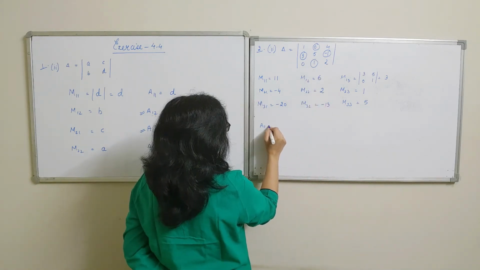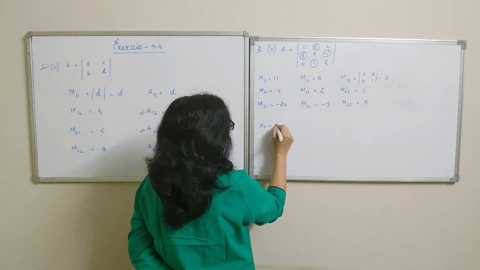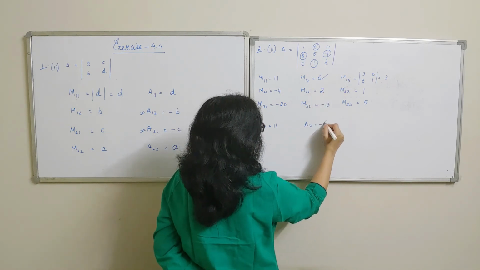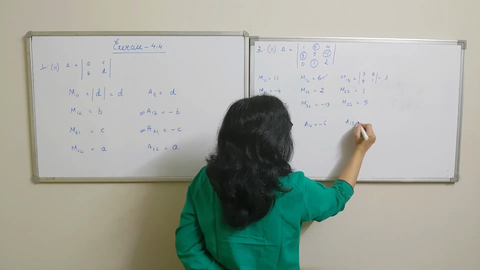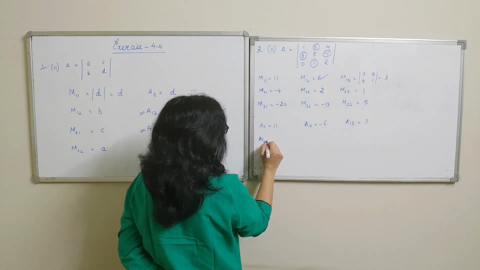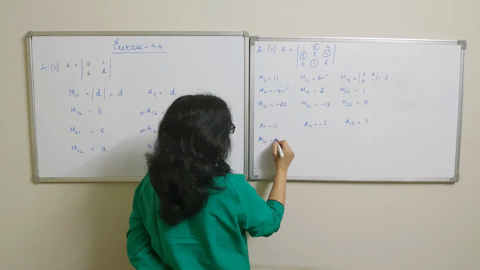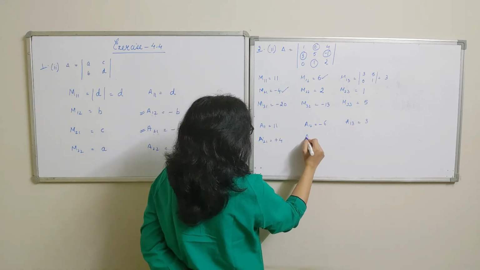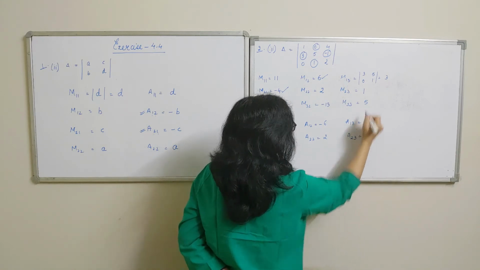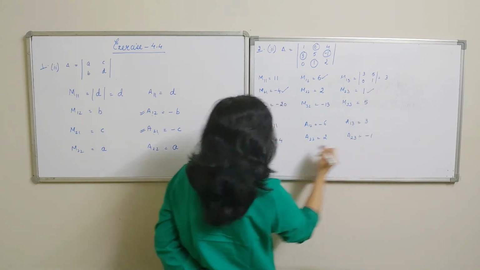So this will remain the same, 11. A12 will become minus 6. A13 will remain the same. Likewise, when you find out A21, this sign will change. A22 will remain the same. A23 will have its sign changed.